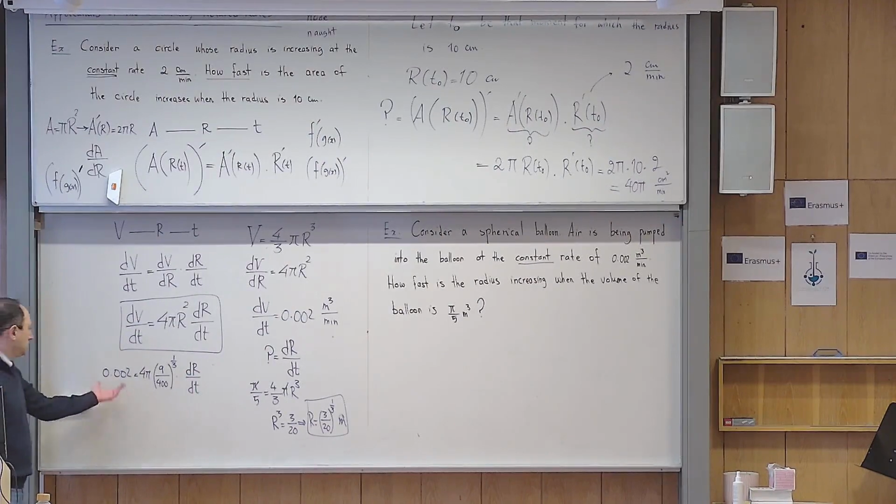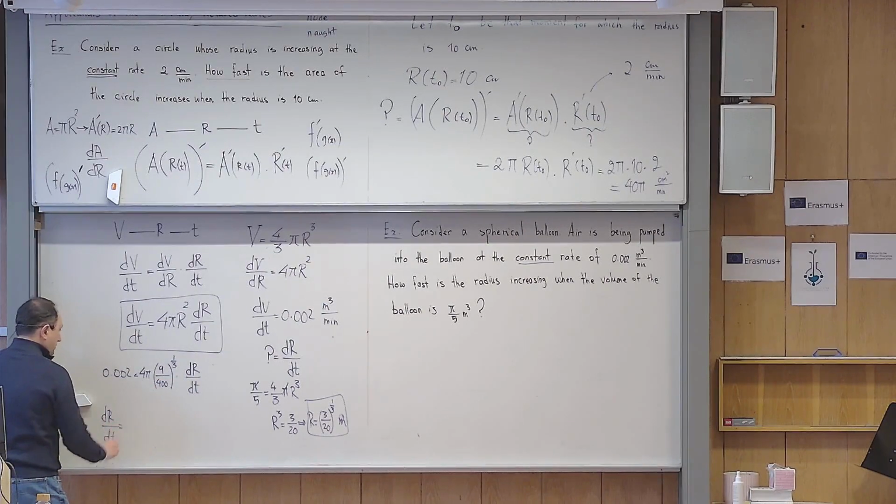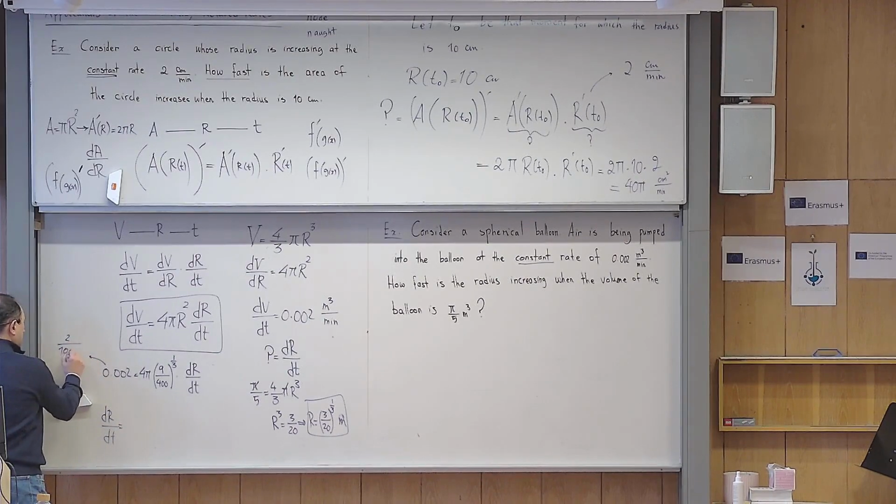That's it. These are just fancy numbers. Then you calculate, you find your question mark. So dr/dt is equal to 2 over 1000, which is 1 over 500. I prefer to write it in that way.